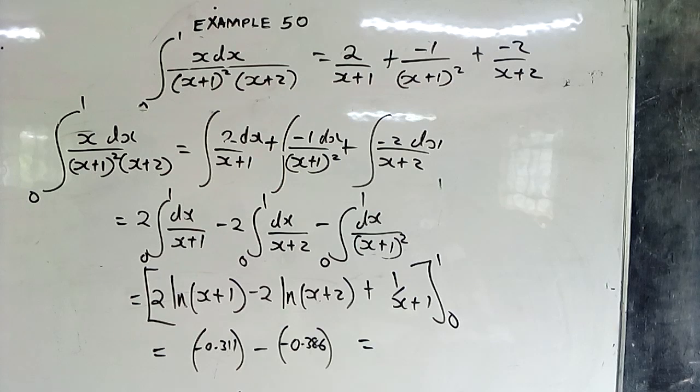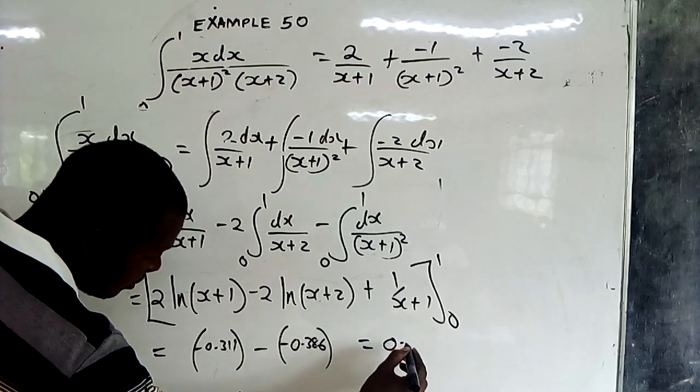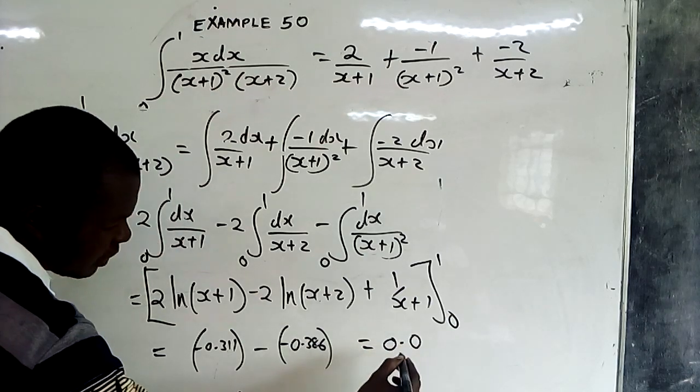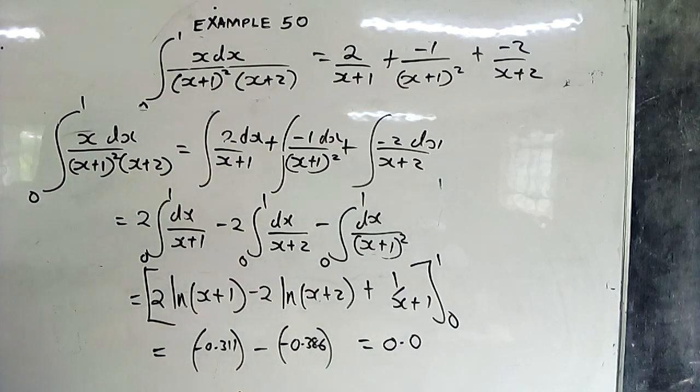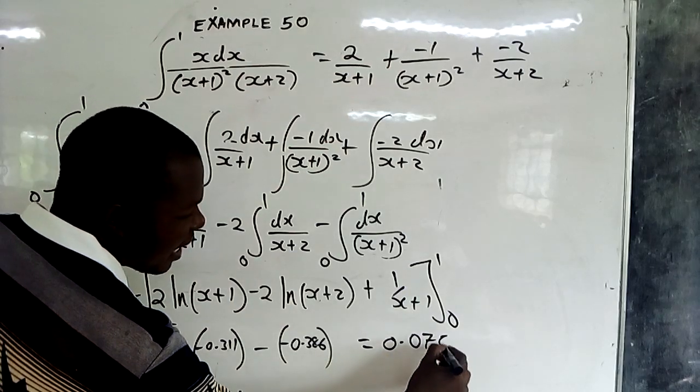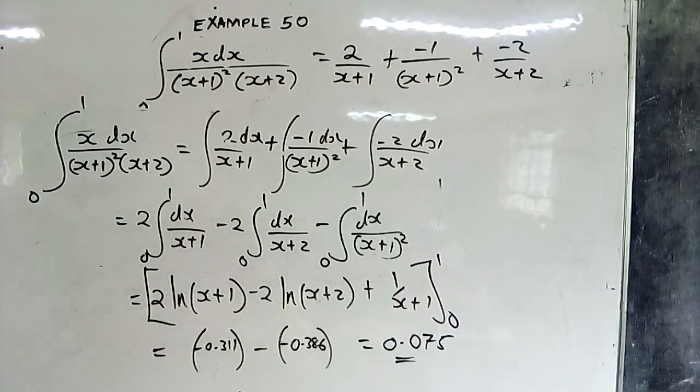Negative 0.311 minus negative 0.386 is 0.075. Yes. You are done. You've evaluated the definite integral.